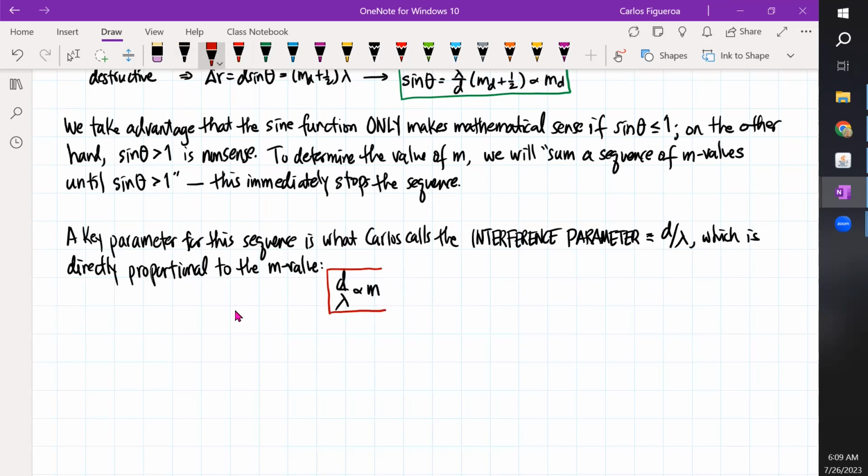What's nice about calculating this quantity is that you immediately start to understand how the interference pattern is going to look.